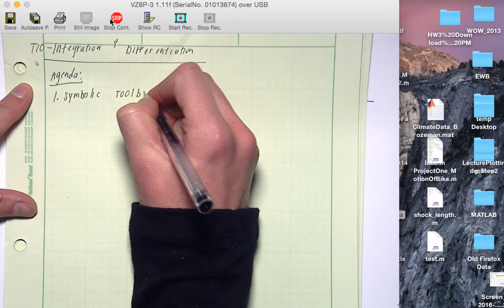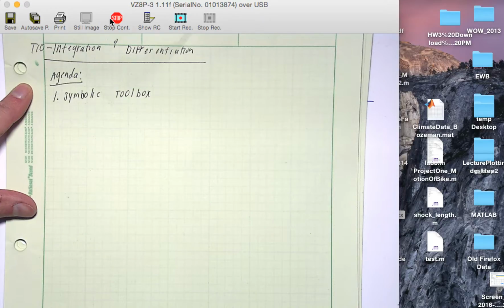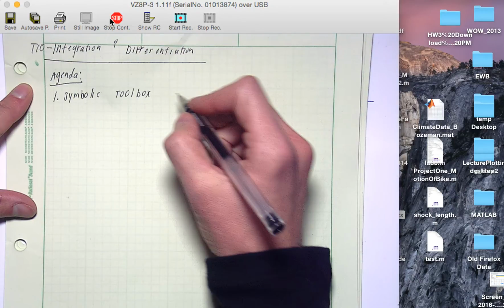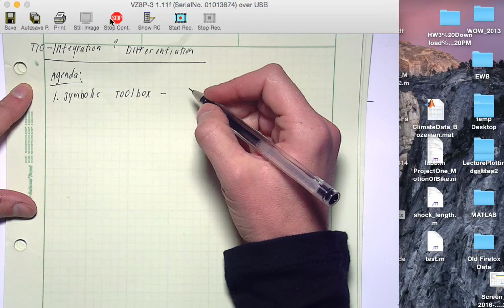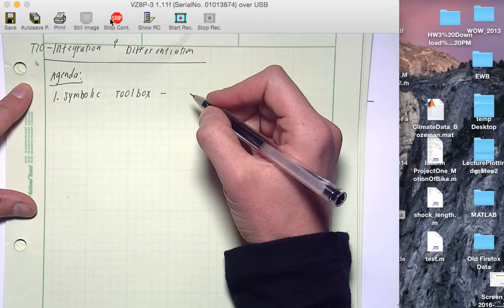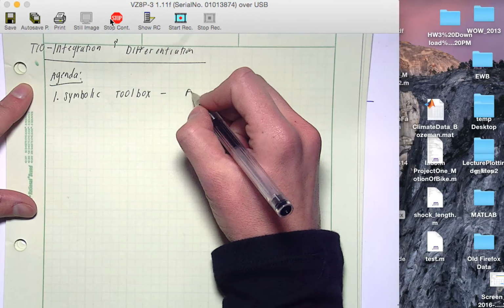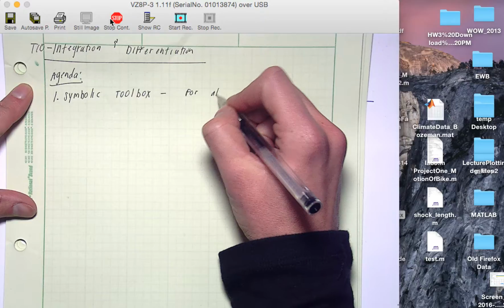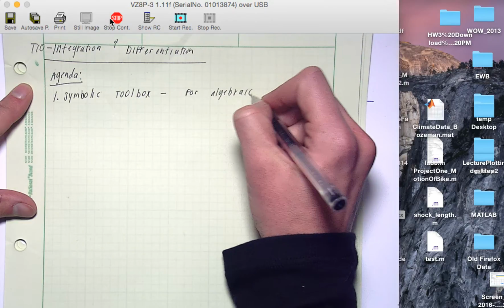The first thing that we start working with in this topic is the symbolic toolbox. We don't use any toolboxes in this class aside from this one.